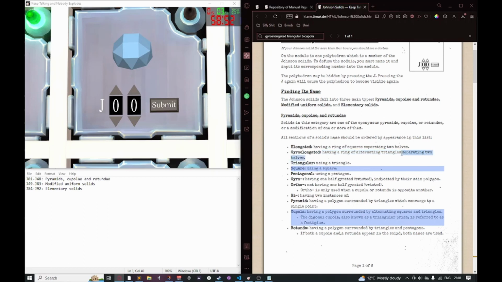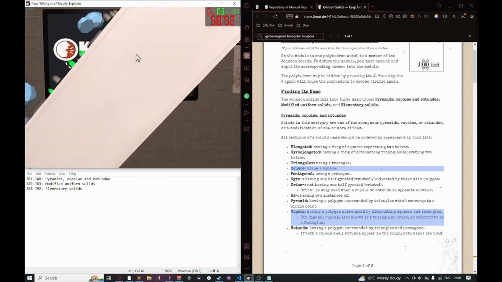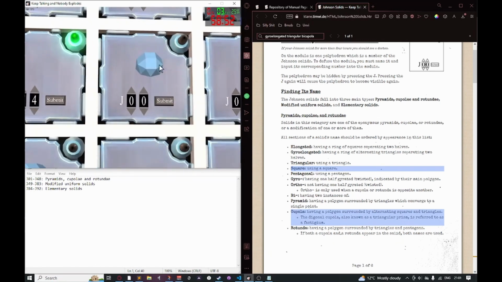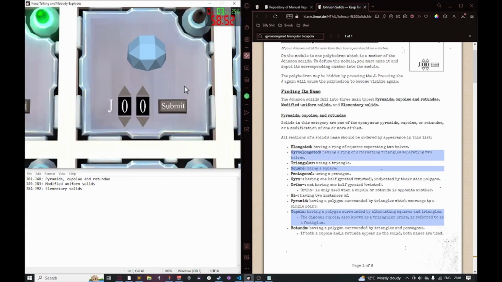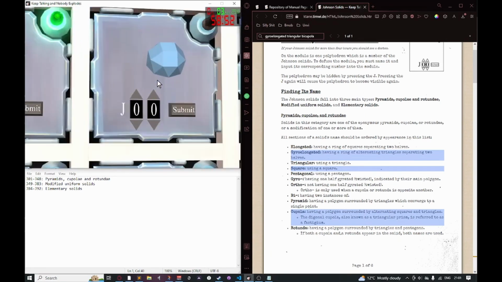Where it talks about separating two halves, one of these halves can be just an empty side. So here we just have an octagon there. So this is separating two halves, being a square cupola and an empty face. So this is in fact gyro elongated, even though it's not immediately obvious that it's gyro elongated because it's not between two halves, but it is between two halves because one half can just be empty.